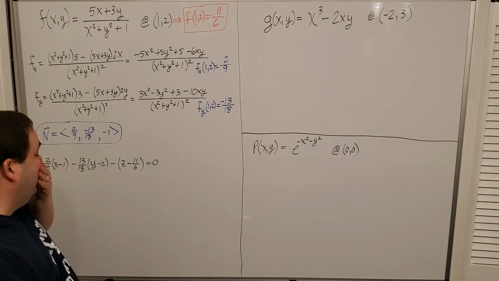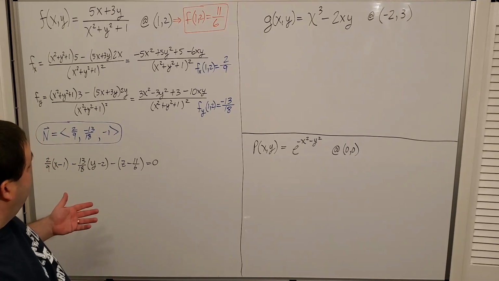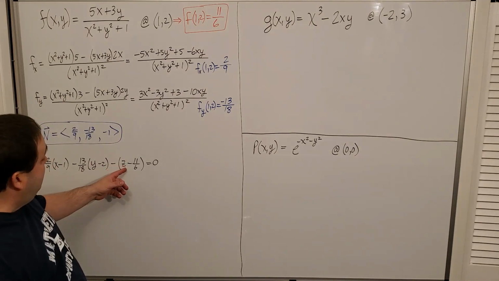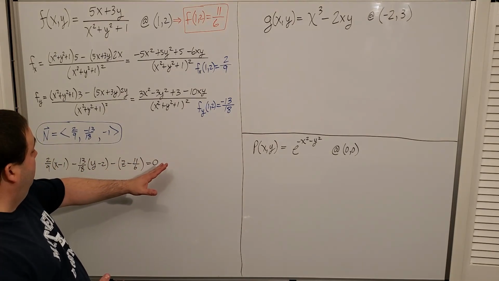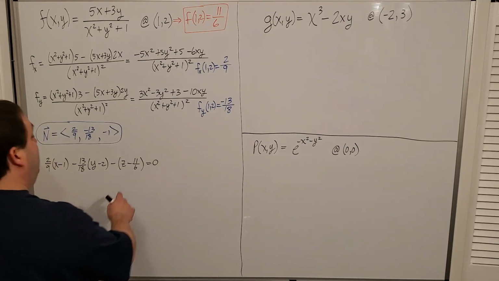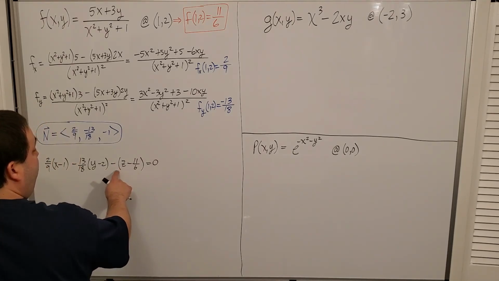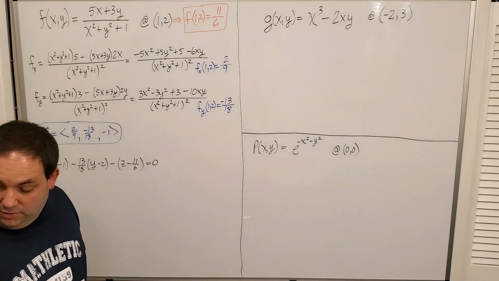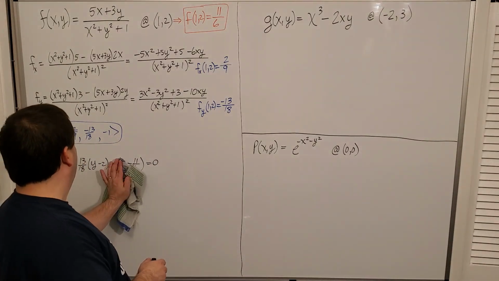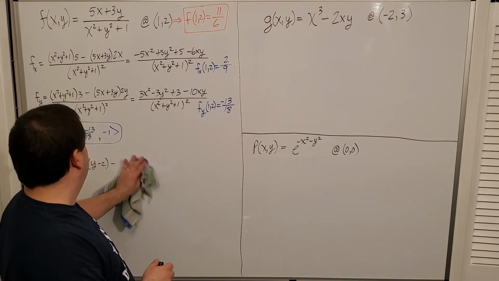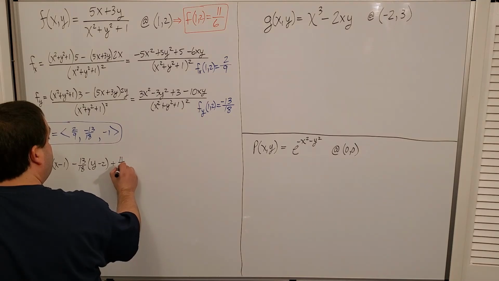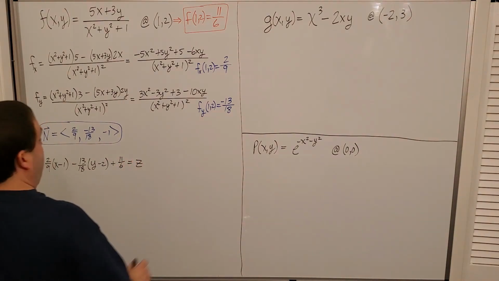Other particular things might be, oh, well, I'd rather have the z by itself. Good news about most of these is it's easy to get z by itself here. All I would have to do is simply distribute the negative and add the z over. So if I did that, what I would end up with is plus 11 over 6 is equal to z there.